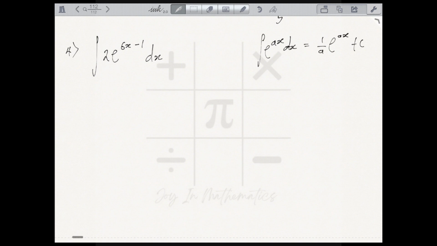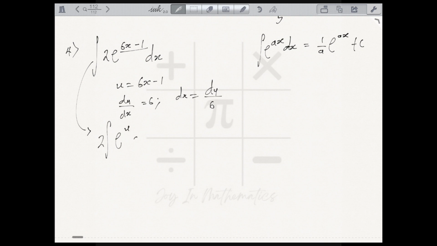Now, to make this in the form of the standard form, we take our substitution of u to be 6x minus 1, then du dx is equal to 6, and dx is equal to du over 6. Therefore, this will become integral of 2, as a constant, exponential u, and our dx is du over 6.